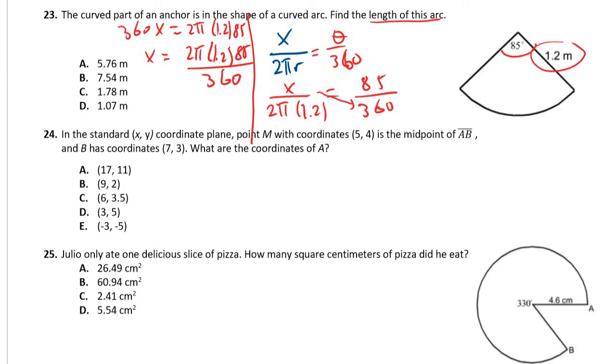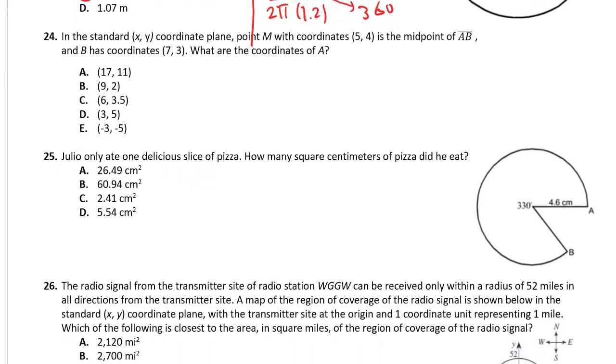I don't have the calculator here, but I can just tell you what I did with my calculator. Plug all this into your calculator, and number 23 you will get 1.78. That's about that.